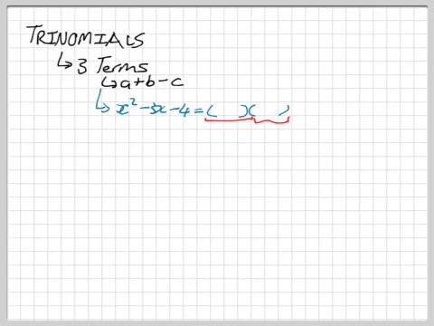Now, we can also look at expressions like 2x squared minus x minus 6 or 3x squared plus 7x plus 4. So there's a basic pattern that forms with quadratics or trinomials: you would always have something that is a square, an x, and a constant.